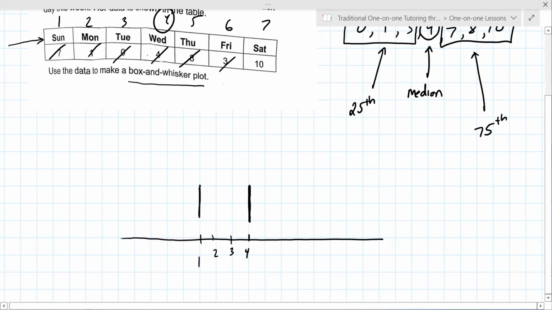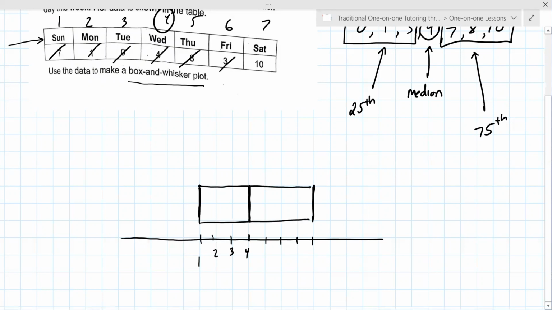We're going to draw another line there. And then 8 is the 75th percentile, 5, 6, 7, 8. We're going to put another line there. And then you create a box, hence the phrase box and whisker plot. So that's the box part.